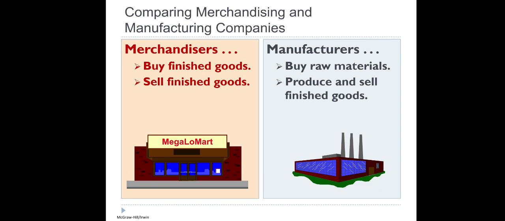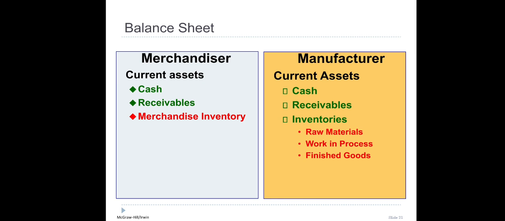But a manufacturing business purchases raw material, processes the raw material, produces finished product, and sells the finished product to customers. So for a merchandising business, in the current assets, the business will have one type of inventory only. The inventory is finished goods or merchandise inventory.